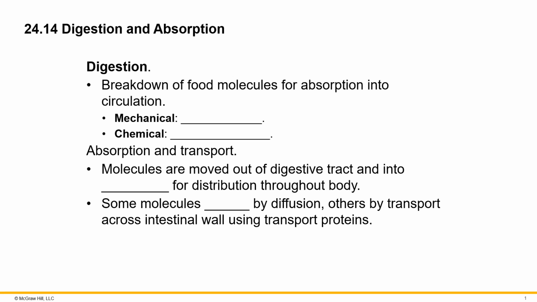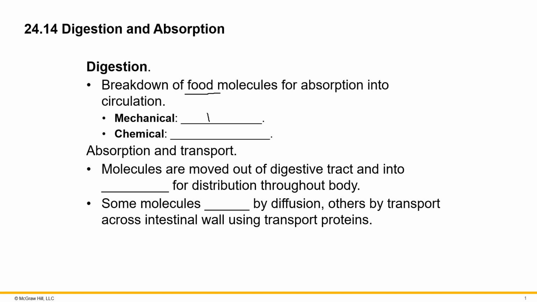So digestion or hydrolysis means the breakdown of large molecules into smaller molecules. Mechanical digestion happens with the help of teeth in the oral cavity, which is cutting and tearing with your incisors, puncturing with your canines, and grinding by your molars.